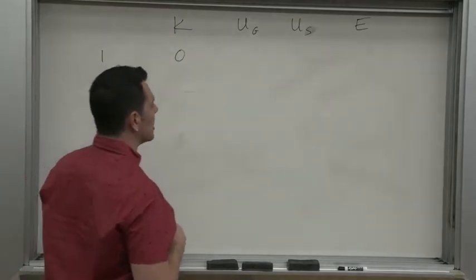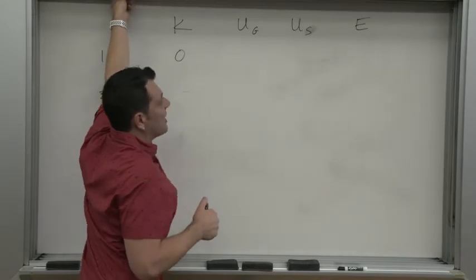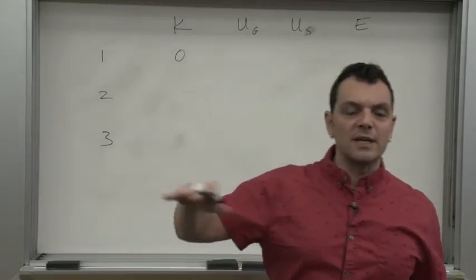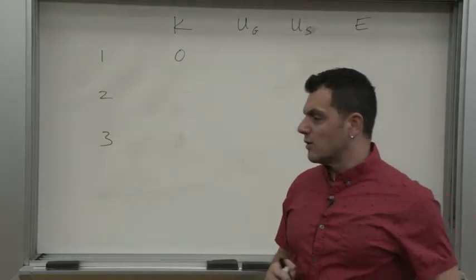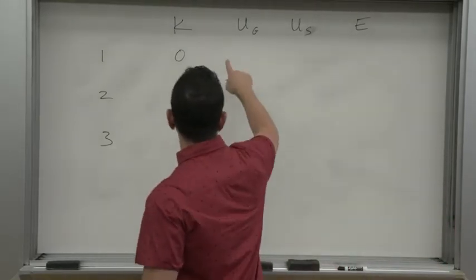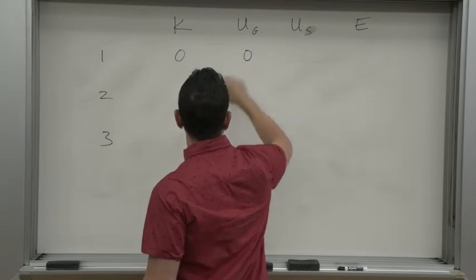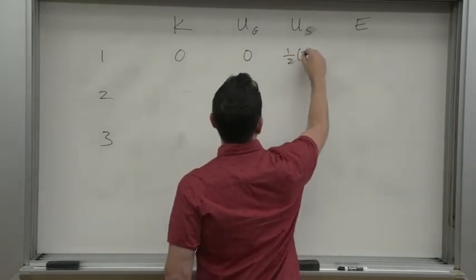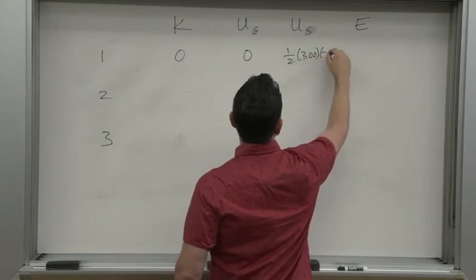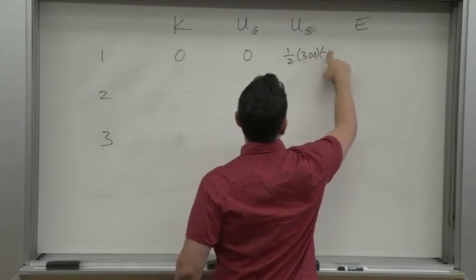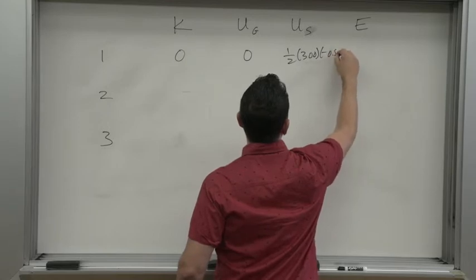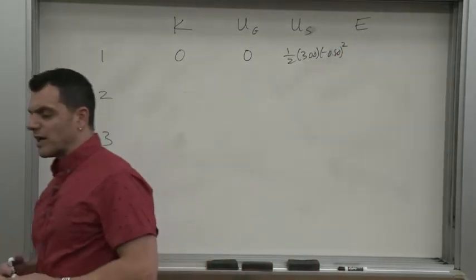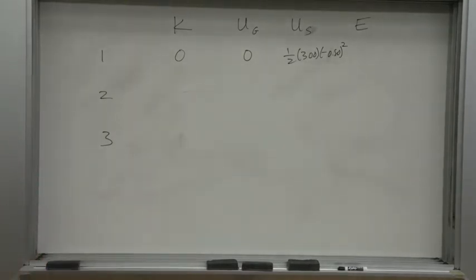For U gravitation, we can define y equals 0 to be the starting point of the object, so Ug is going to be mg times 0, or 0. And U spring is going to be 1/2 times 300 times minus 0.80 squared, because the spring is compressed by 80 centimeters.